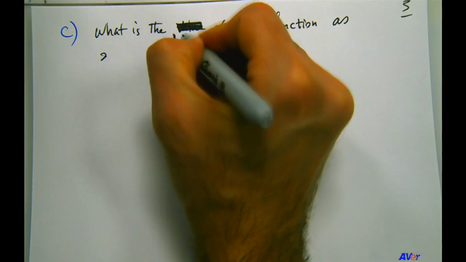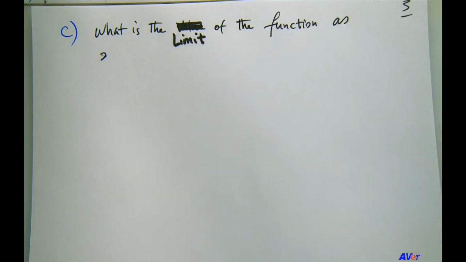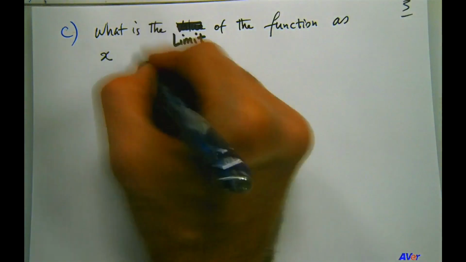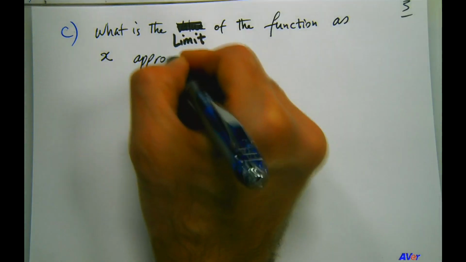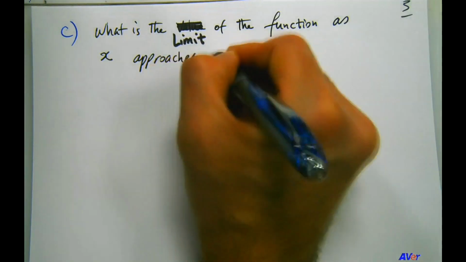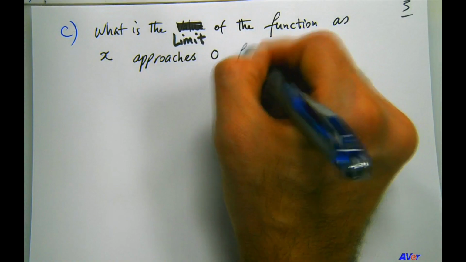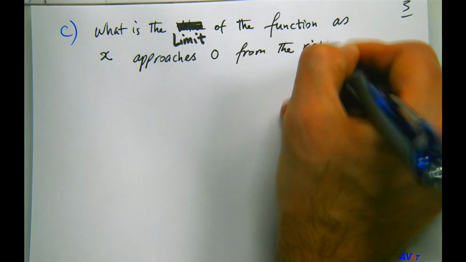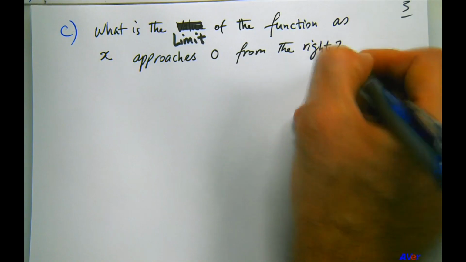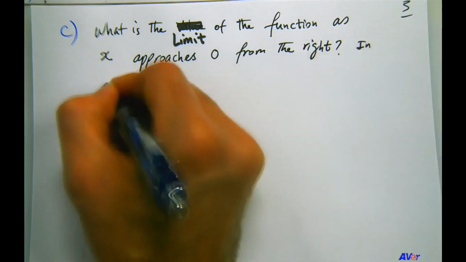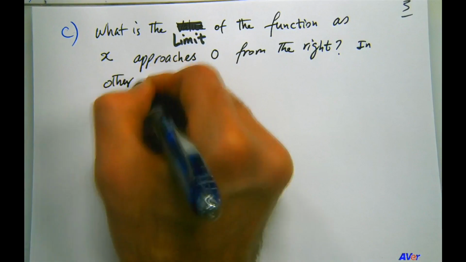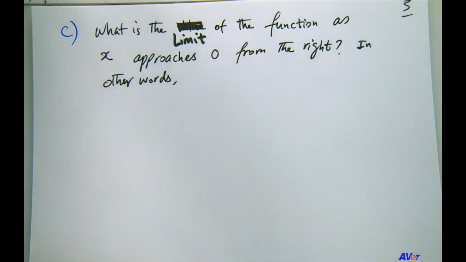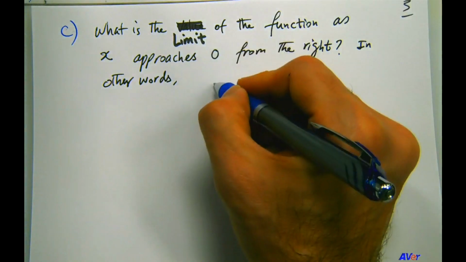So what is the limit of the function as x approaches 0 from the right? In other words, let's ask the same question using mathematical notation.